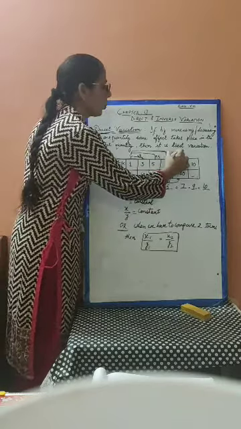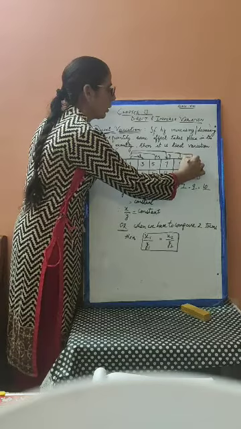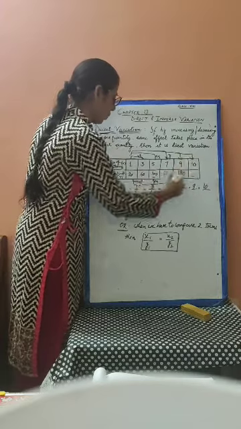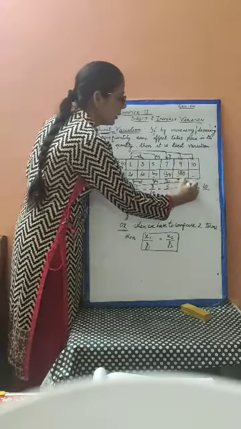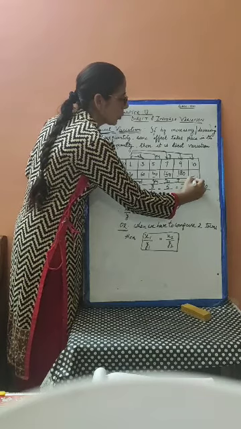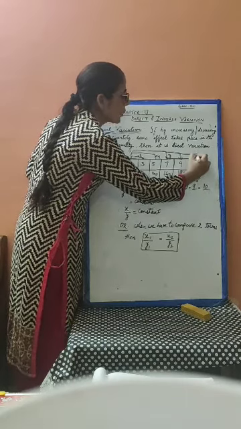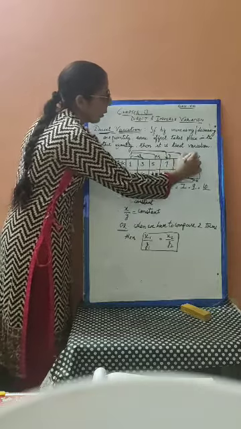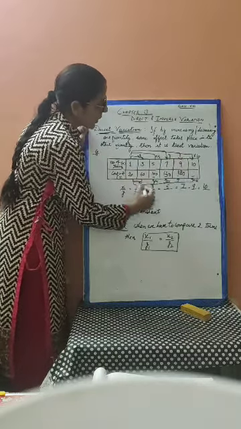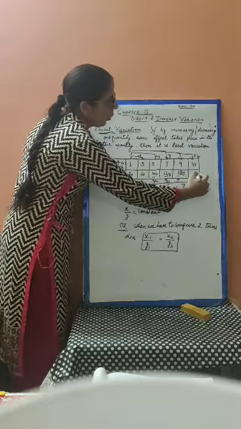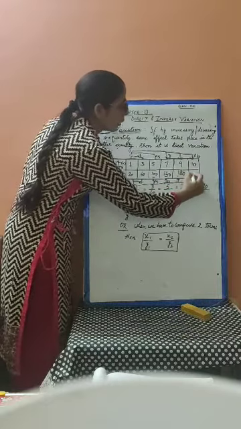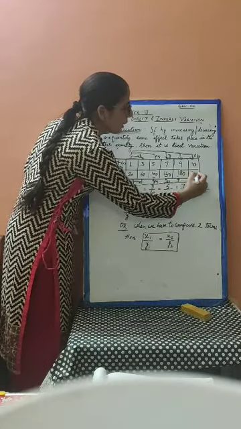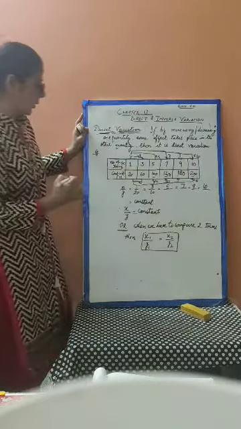One item costs 20 rupees, 10 items will cost 20 tens are 200. So have you seen? Every time, whatever is the effect on the number of items, the same is the effect on the cost.